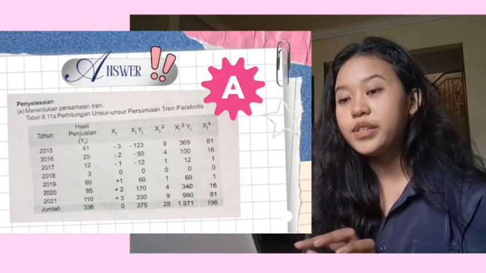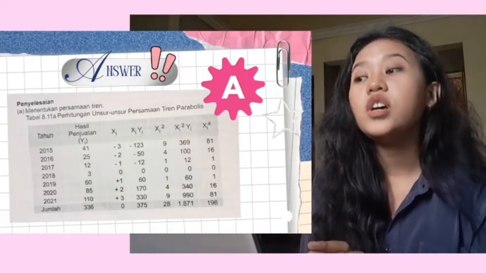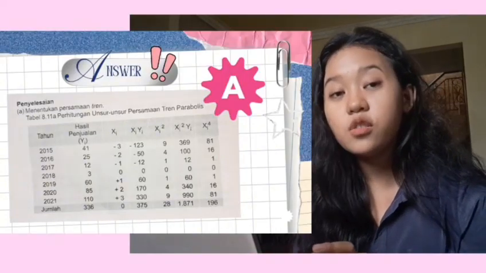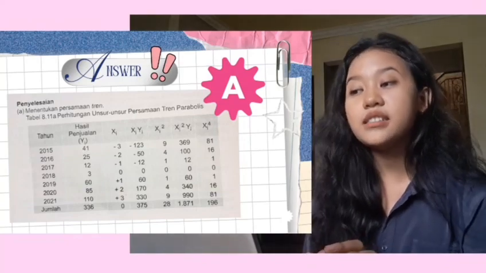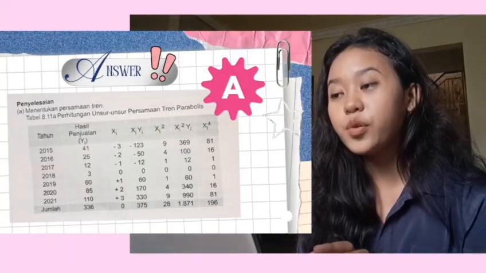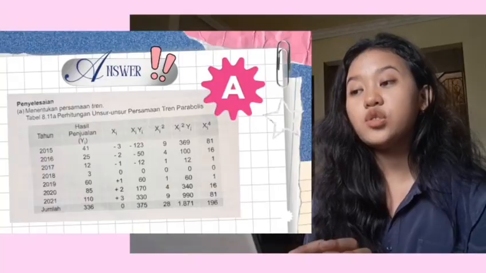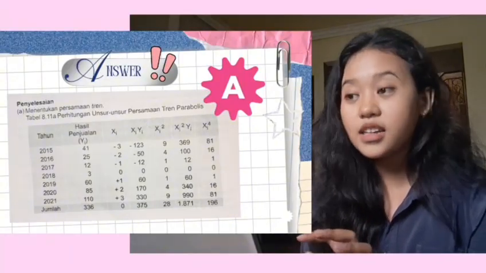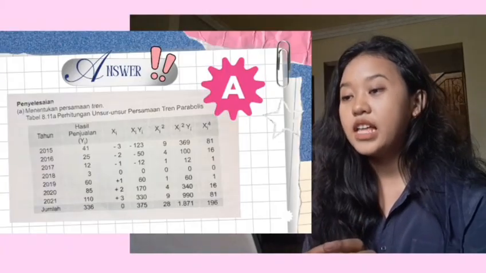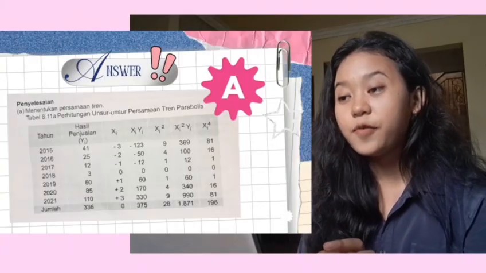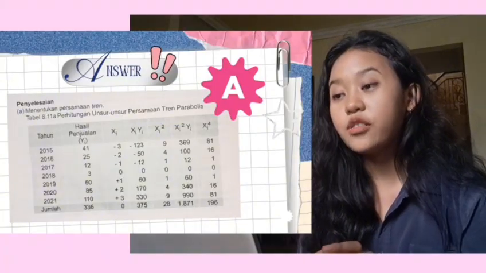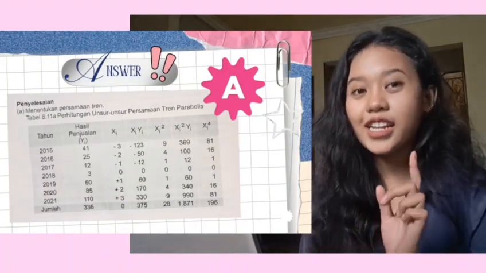So we can see on the table that sigma yi equals 336, n, the number of years, equals 7, sigma xi times yi equals 375, sigma xi squared equals 28, sigma xi squared times yi equals 1871, and sigma xi fourth equals 196.